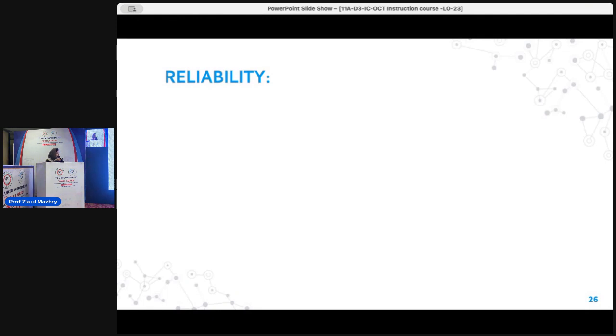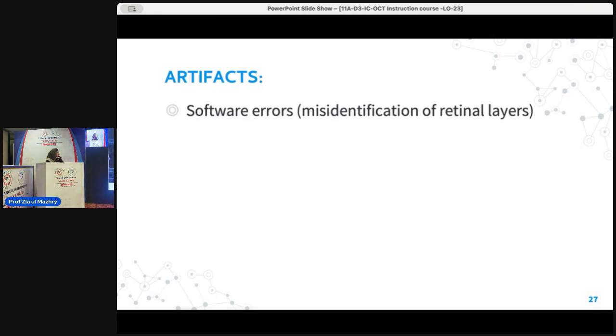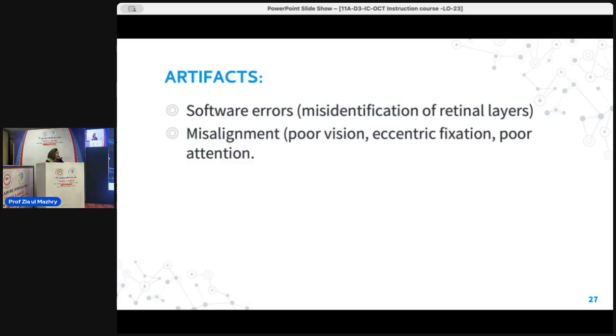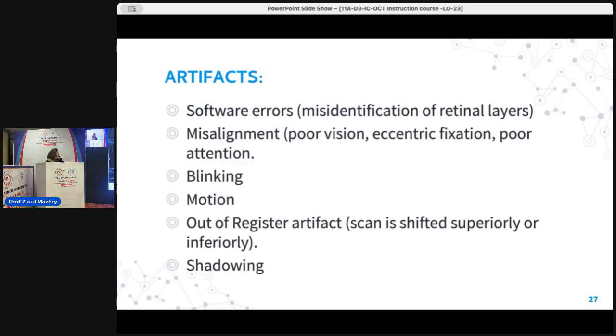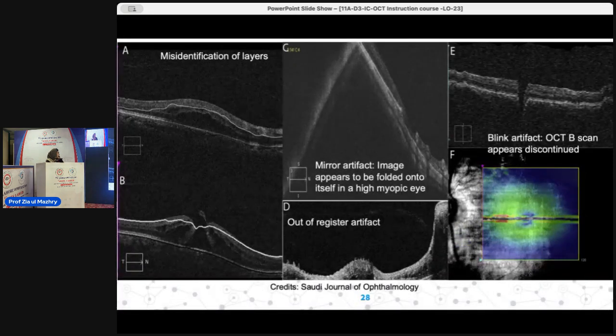So for the reliability, we have to check for the signal strength and any media opacities. For example, a dense cataract can interfere with the signals. Artifacts, I have summarized the artifacts in this next slide. Here you can see that there may be software errors resulting in the misidentification of the layers. Like here, the software had to identify this interface layer in the form of inner limiting membrane, but it misinterpreted this.